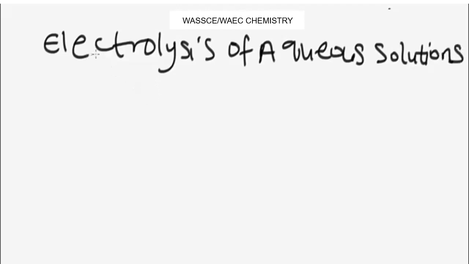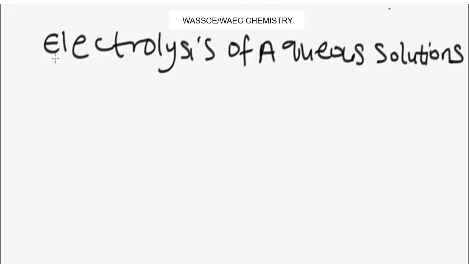Now, let's begin by noting this. In aqueous solutions, as well as the ions from the ionic compound, there will be hydrogen ions and hydroxide ions from the water. Since we are dealing with an aqueous solution, the solution has water and a solute.